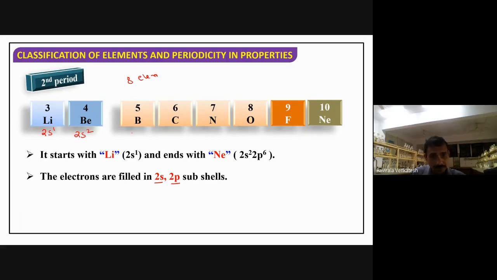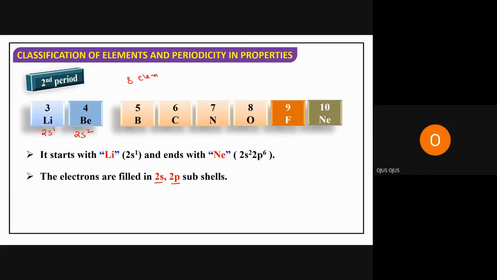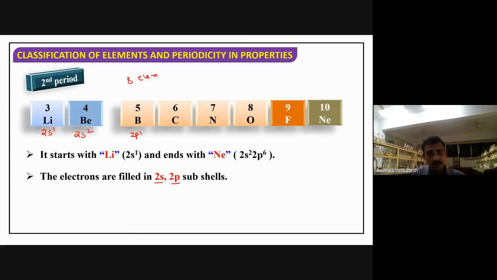After 2s2, for boron, the next electron will fill in which orbital? 2p. So 2p1, 2p2, then 2p3, 2p4, 2p5, 2p6. 2s2 will be there in all cases.